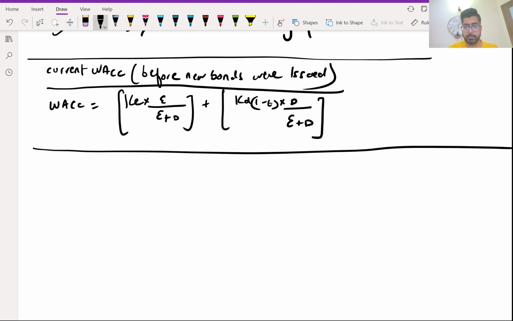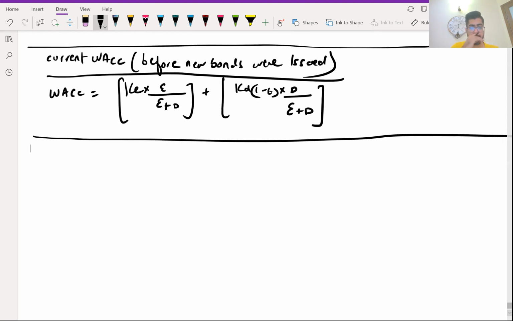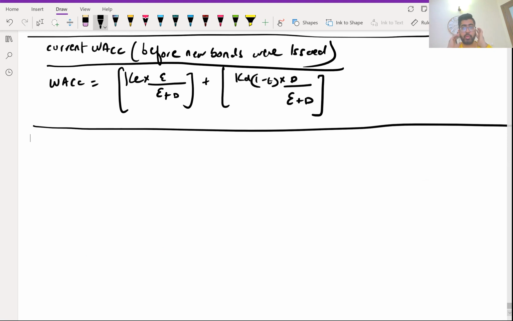When the question asks you to find the current WACC before new bonds are issued, I'm talking about B1, you said the company has equity shares and the bonds. So KE and KD you calculated, with D and E plus D, that's it.